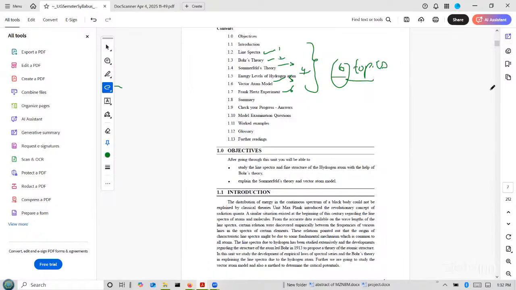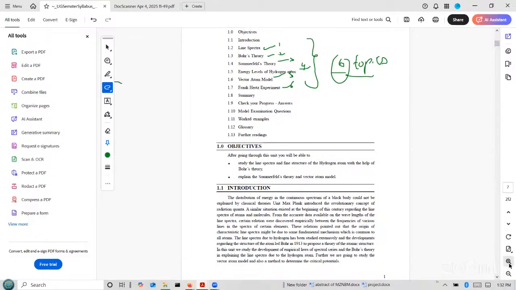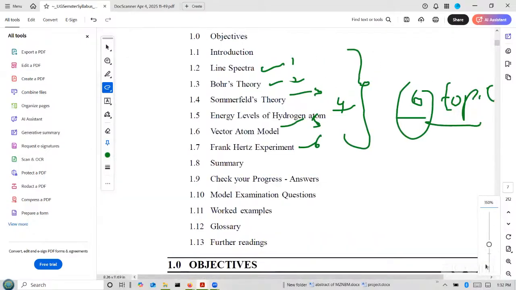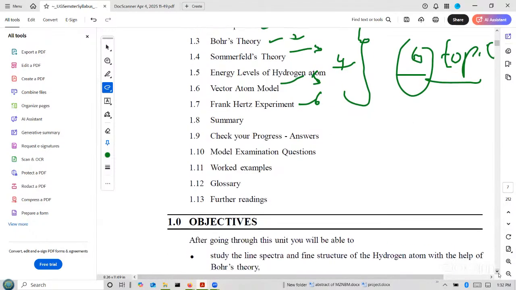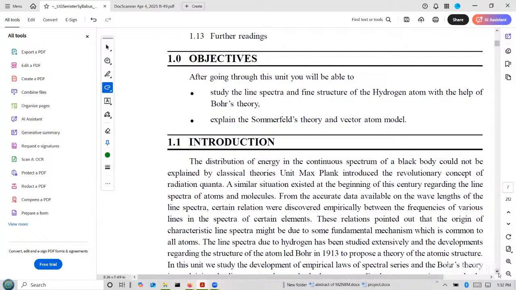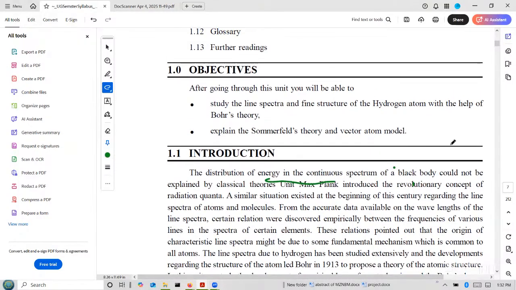Out of 6 topics, first, before that, we will see the introduction part. In the introduction class, we will see energy distribution. The continuous energy distribution of black body radiation is not explained by the classical theory.